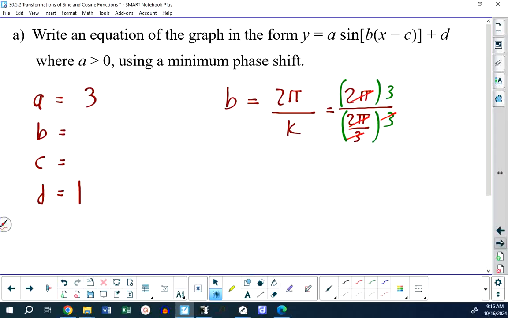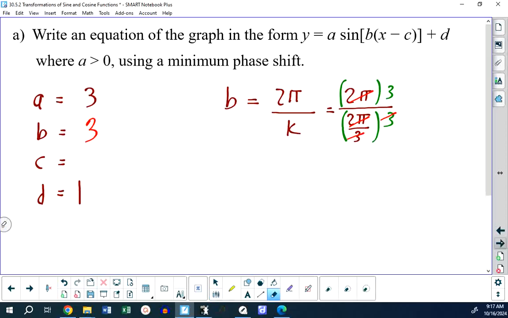Well, the 2 pi's cancel. B is 3. How many of you, I'm just curious, figured that b was 3 because the period is 2 pi over 3? So b must be 3. Sometimes it works out that way that you can just visually see it.